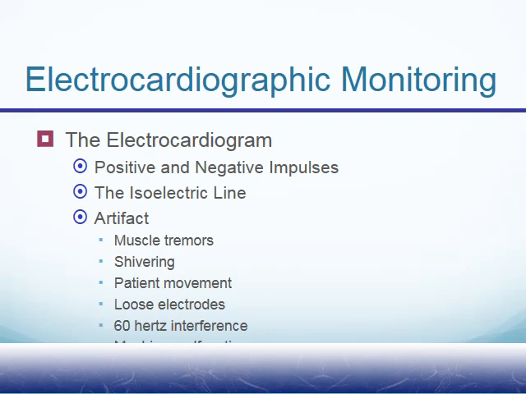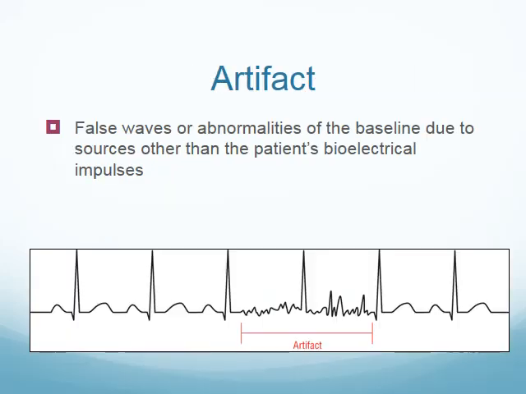It can be caused by muscle tremors, patient movement, inappropriately applied electrodes, shivering, and then occasionally, not real common anymore, you can see what's called 60-cycle interference. There's a lot of things that can cause artifact. Sometimes they're easy to pick out, and sometimes it's not very easy to tell what's artifact and what's not. So here's an example of what our artifact looks like.